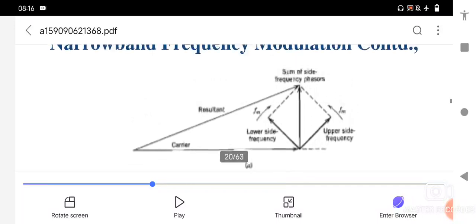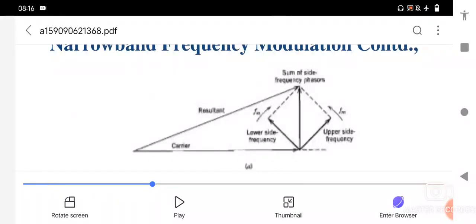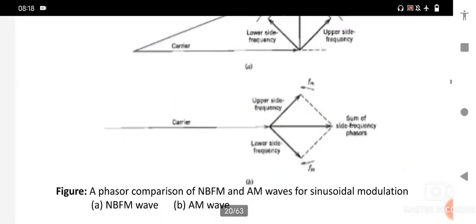The first figure A represents the phasor representation of the NBFM wave, and the second figure B represents the phasor representation of the amplitude modulated wave.